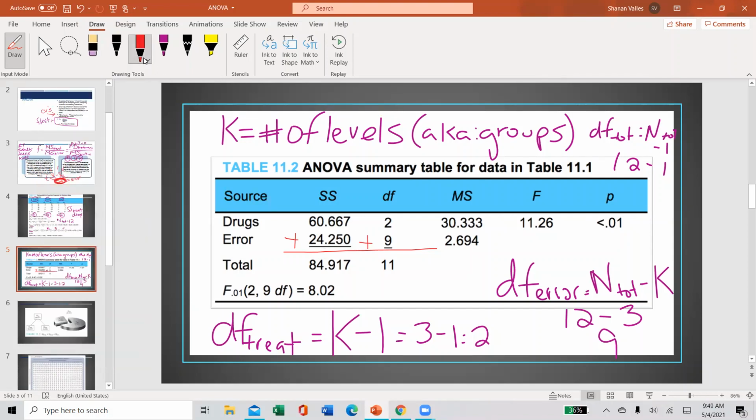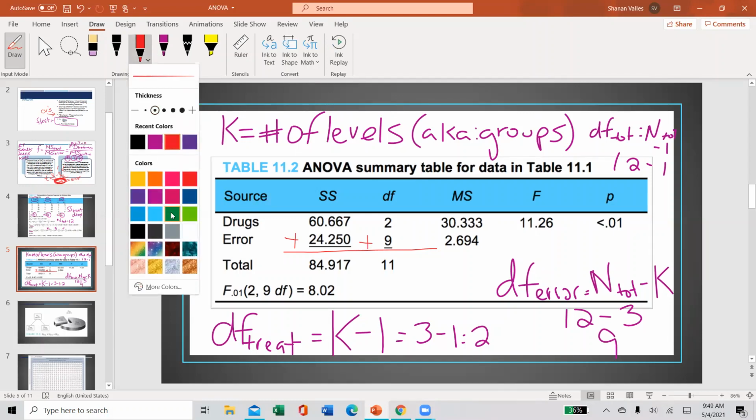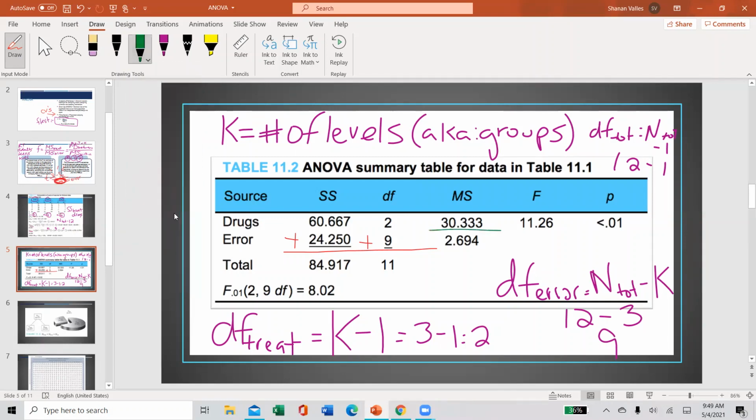MS is found by taking SS divided by degrees of freedom equals MS.